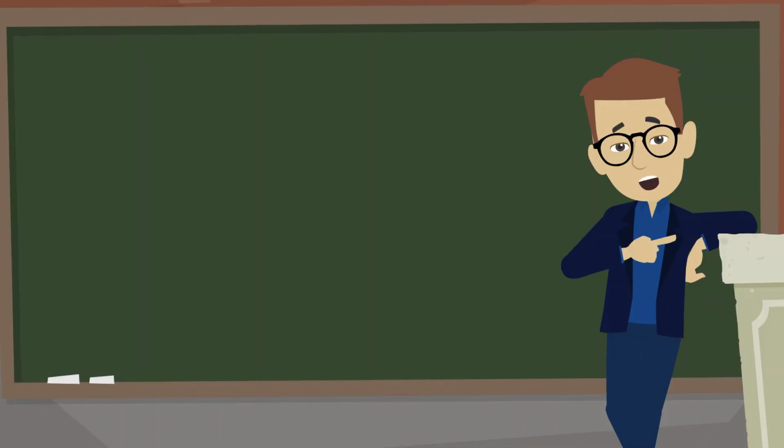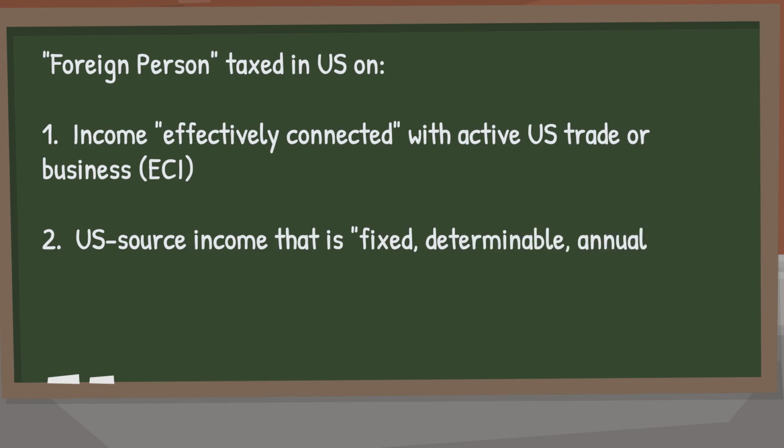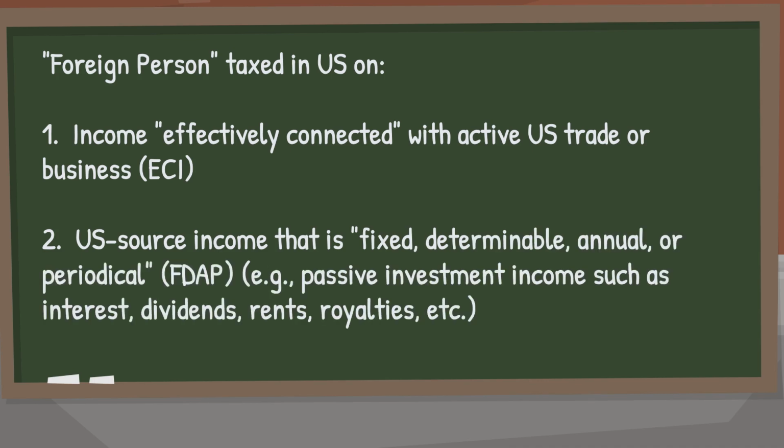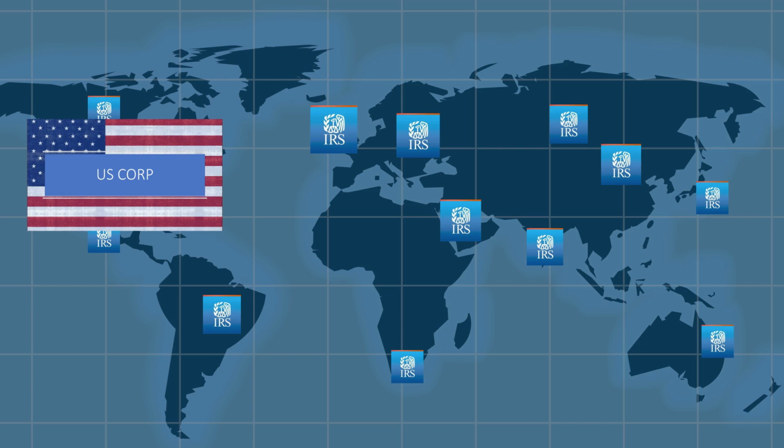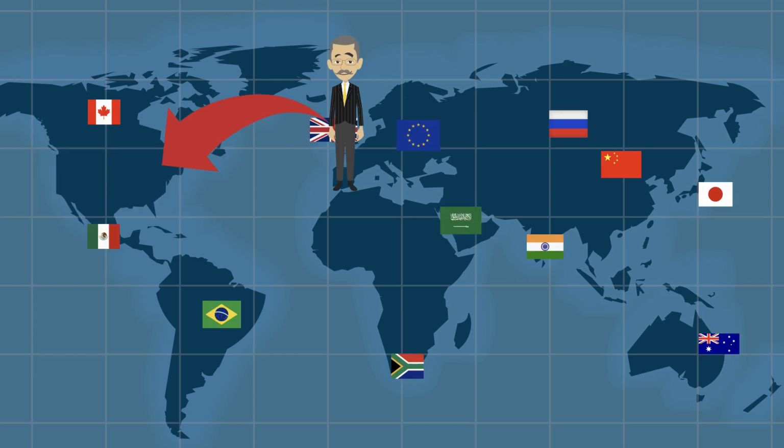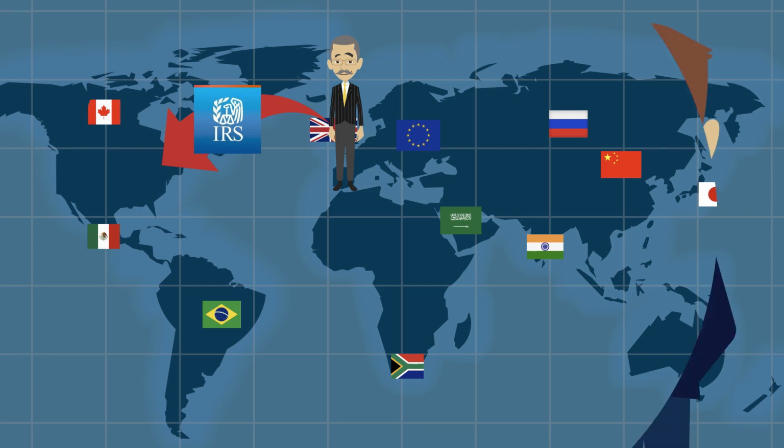How we tax a non-U.S. company's U.S. source income depends upon the type of income it is. So, the U.S. basically has sort of a hybrid system: a worldwide system for U.S. companies and a territorial system for foreign companies doing business here.